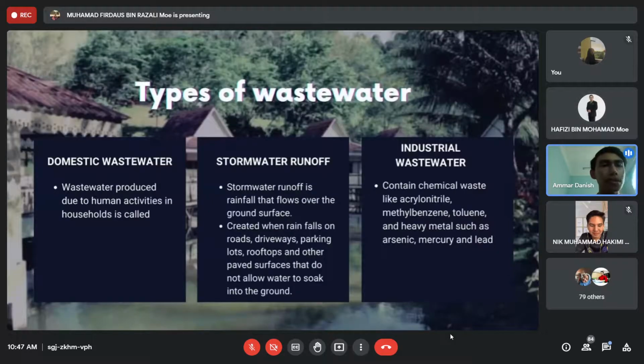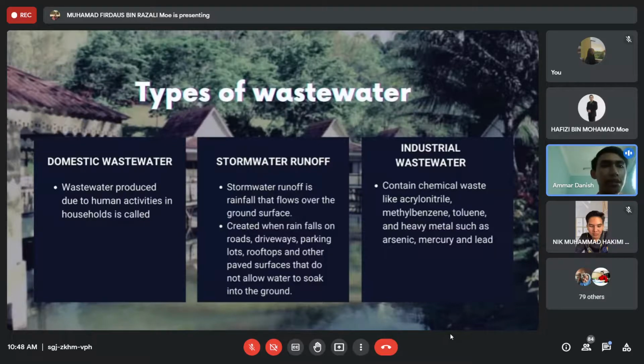So these are the types of wastewater. First, domestic wastewater. Domestic wastewater is the wastewater produced due to human activities in the household. Second, stormwater runoff. Stormwater runoff is the rainfall that flows over the ground surface.